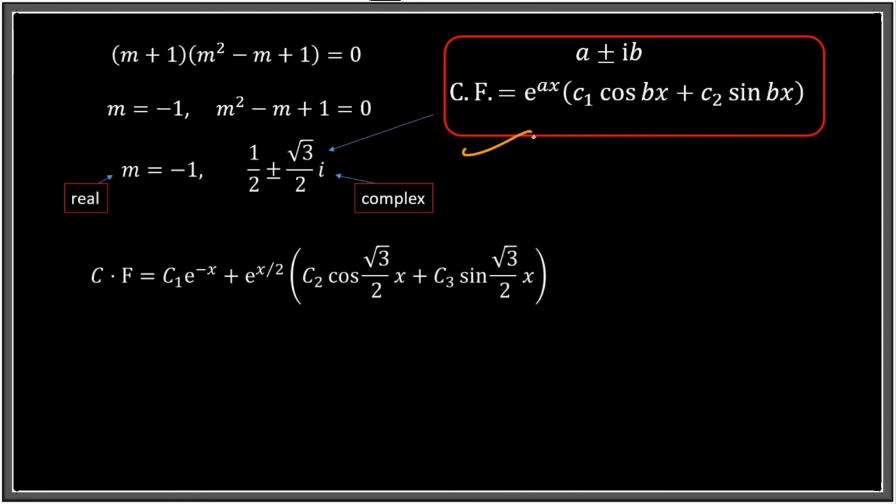So here we are using the complex rule, therefore the CF is e raised to power ax into (C1 cos bx + C2 sin bx).